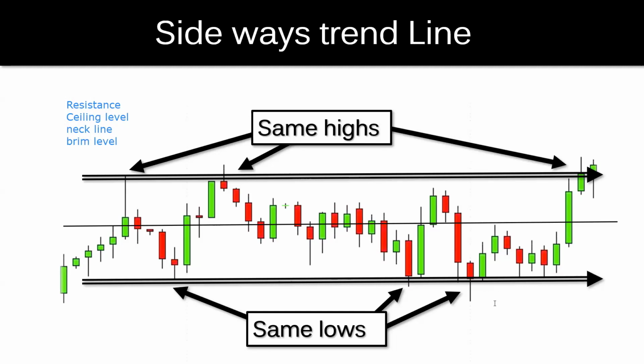Similar to a support level, which is a support line, is equal to a floor line, which is equal to a neckline. It is equal to a brim level. All right, so those are all synonymous. If you ever see me use one of these terms, it's because we're talking about patterns.